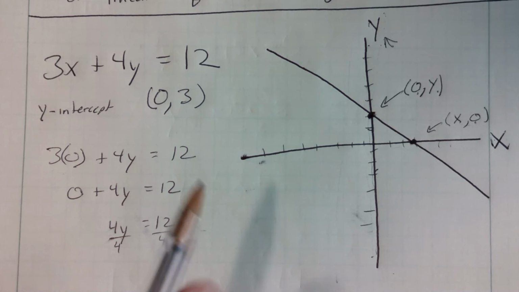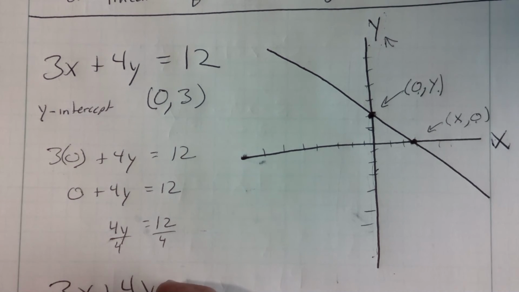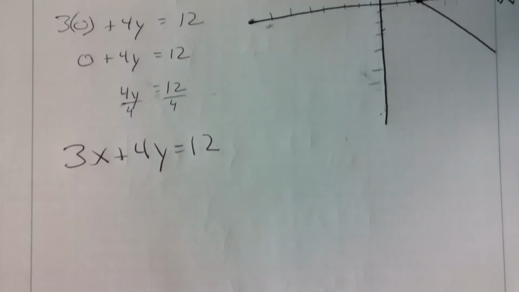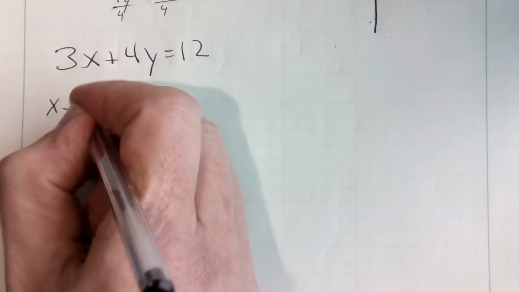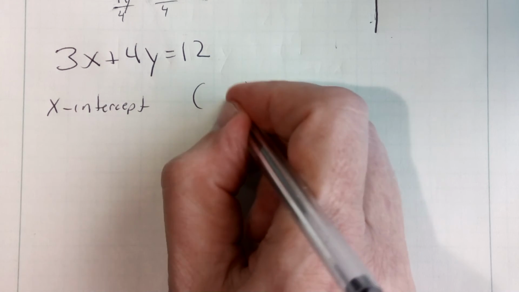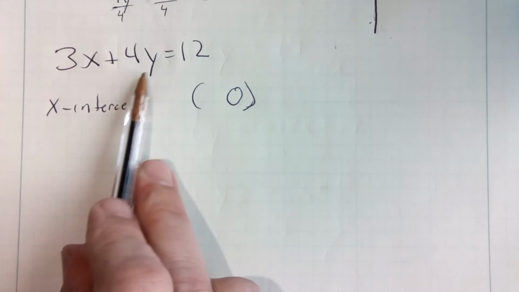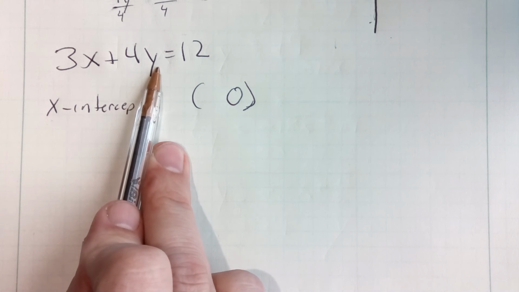Now, if I wanted my x value for that same equation, let me rewrite that exact same equation. Now, if I want my x-intercept, you're going to make the y value 0. The other variable is 0. So if you're looking for x, you're going to make the other variable, y, 0.